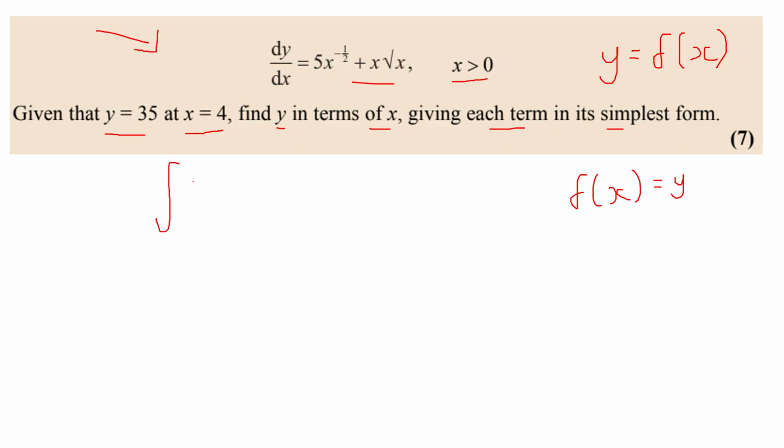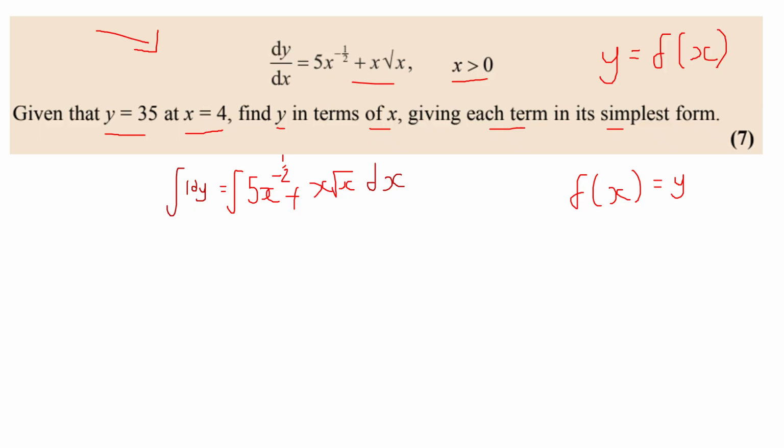So I'm going to integrate dy by dx, which is equal to the integral of 5x to the minus half plus x root x. Now I'm going to multiply both sides of my equation by dx. So we have the integral of dy, or 1 dy, is equal to the integral of 5x to the minus half plus x root x dx.